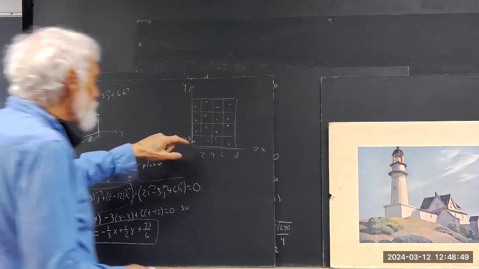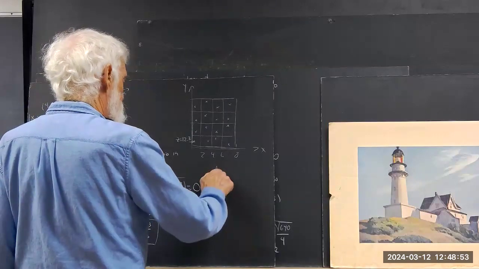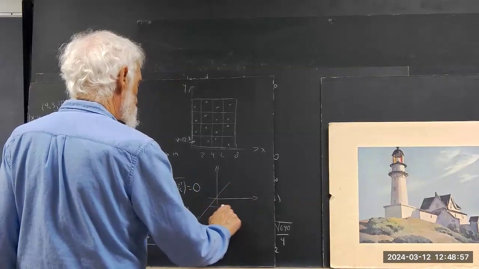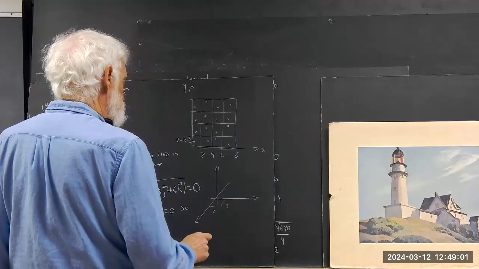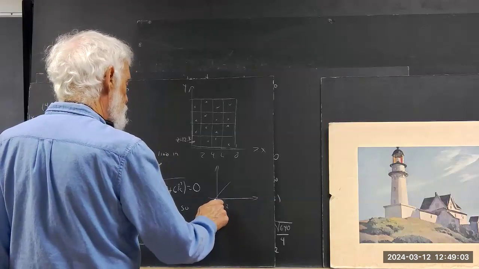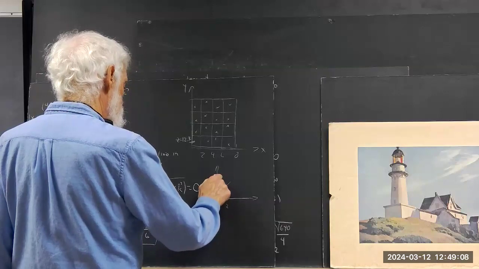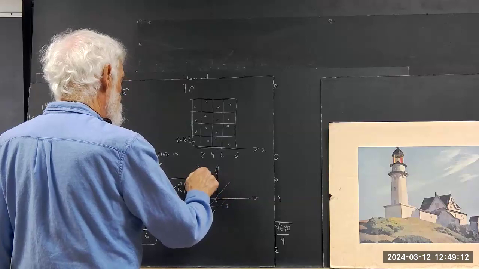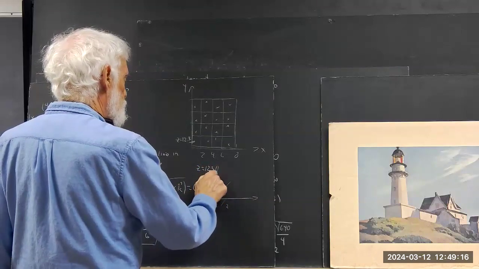So taking this first little rectangle, two by 2, I've got my point about here, and my Z value is about 12.3.